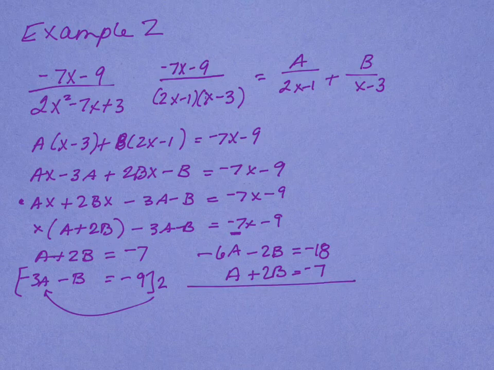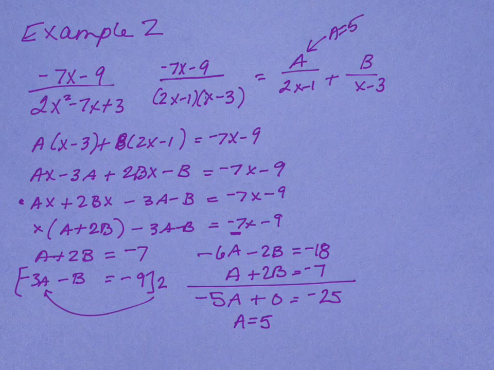So I get negative 5a plus 0 equals negative 25. So a is equal to 5.